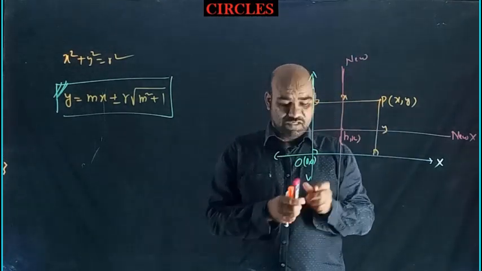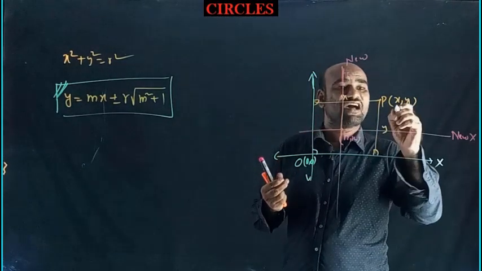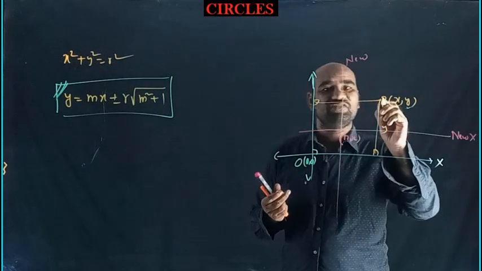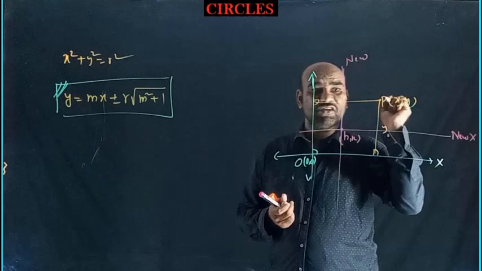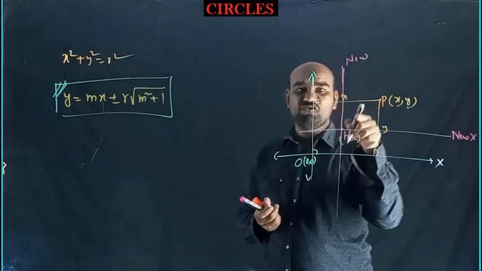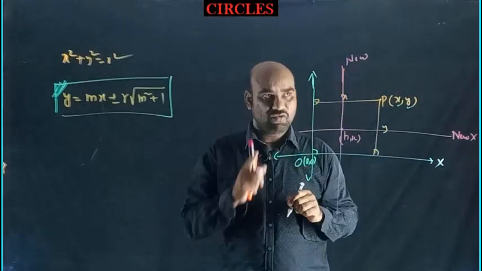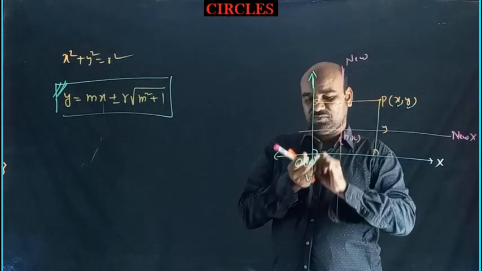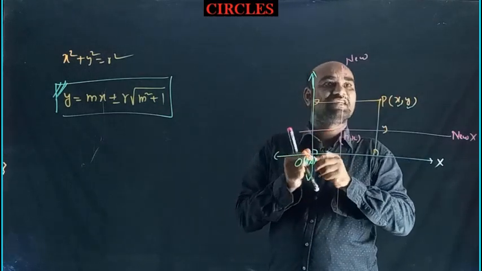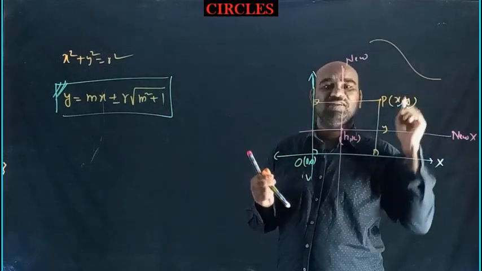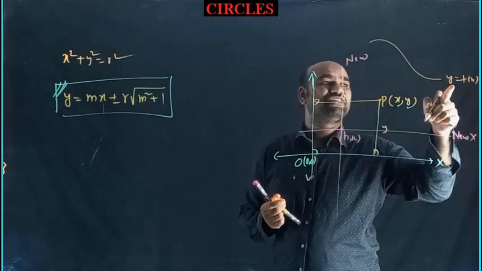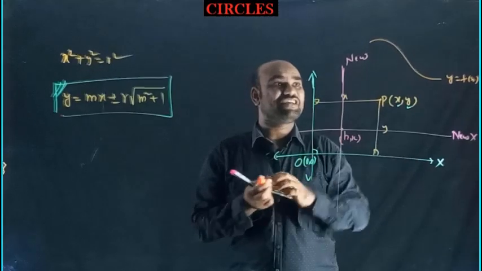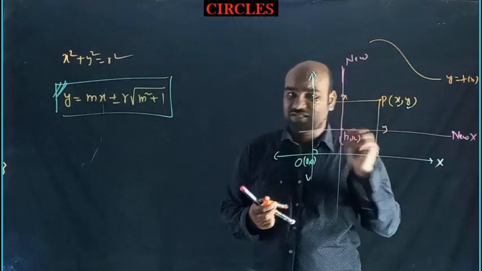Important thing is these are the coordinates of P with reference to the old axes. Now we want to find what are the coordinates of P with reference to the new axes. One more thing. For example, assume that this is the graph of a function y is equal to f of x, the locus equation of this curve with reference to the old axes.